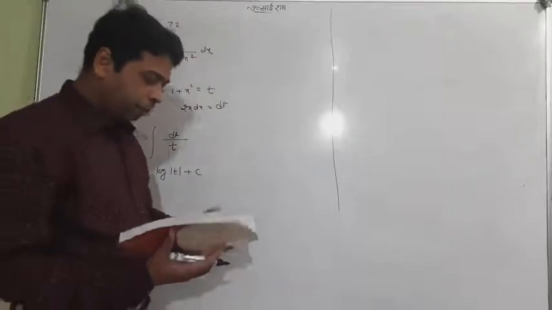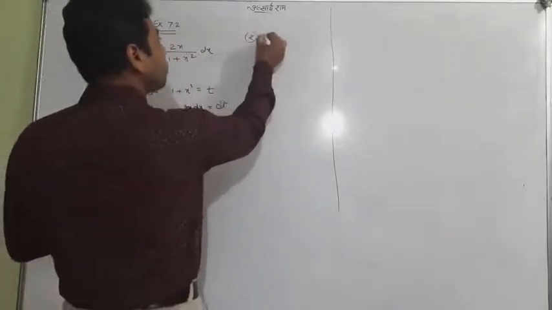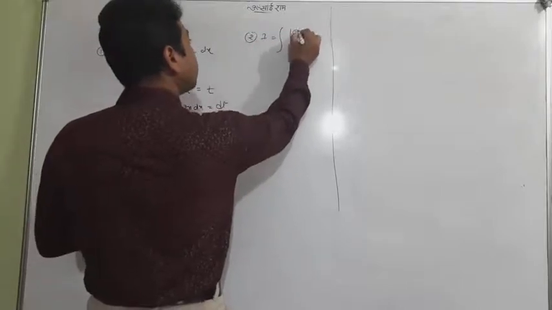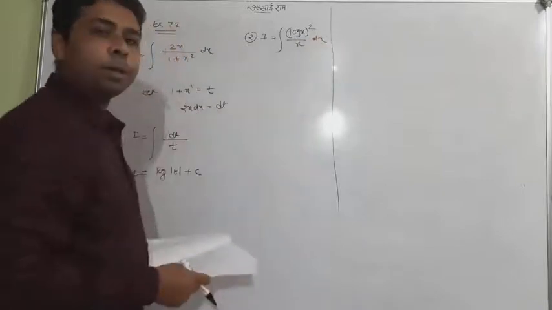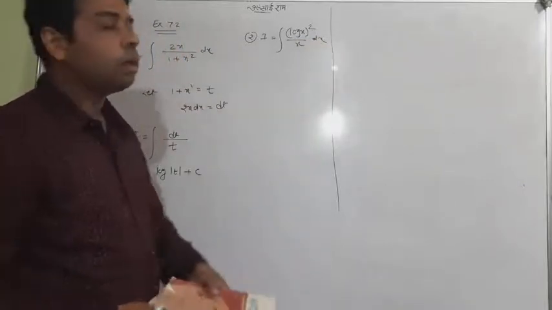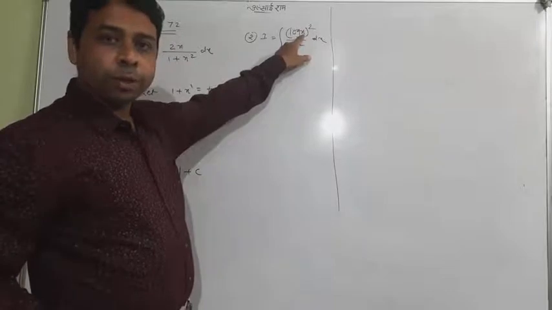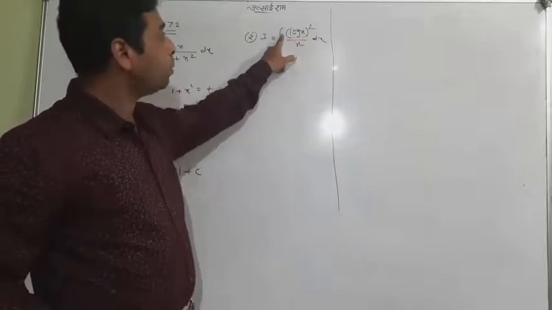So question number 2, it is coming log x square upon x dx. This is a very simple question. What to assume as t? Definitely log x I will assume as t, because the differentiation of log x is 1 by x.